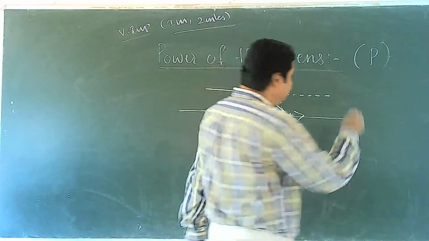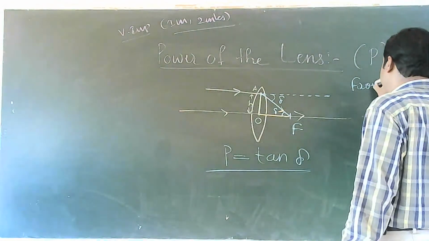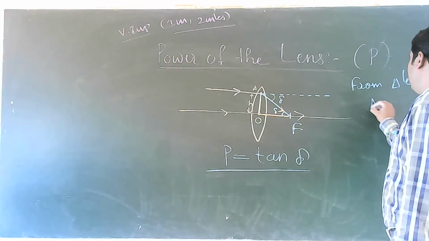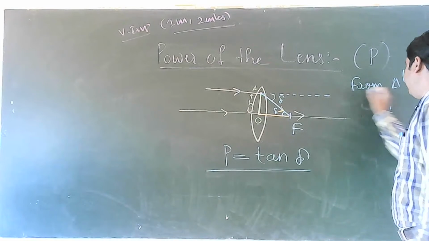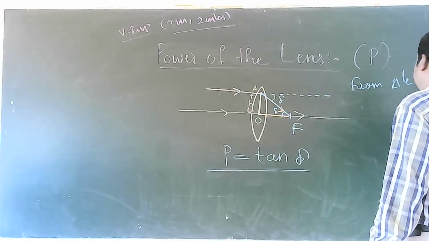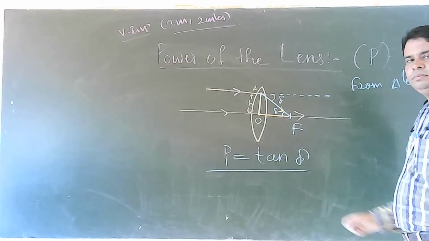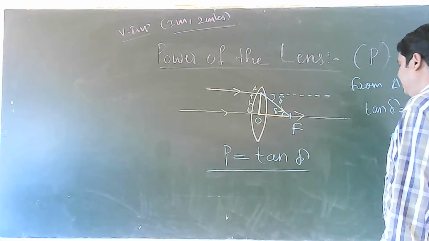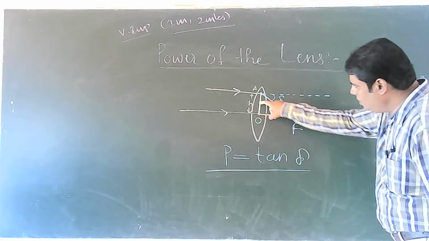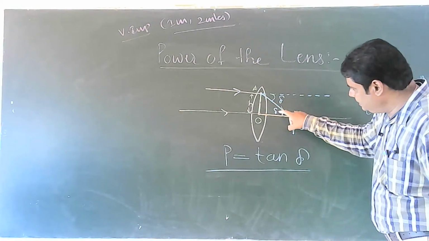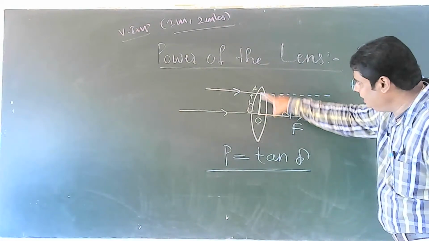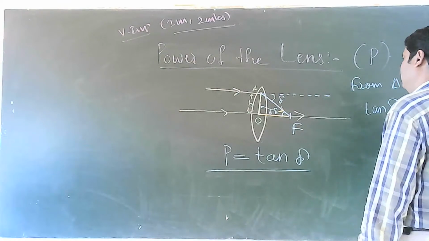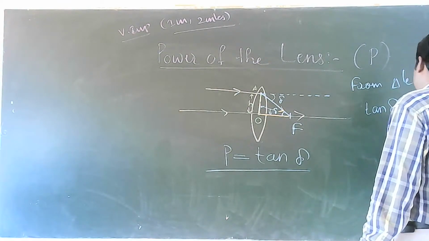If this is delta, this will be delta. From triangle AOF, which is a right angle triangle, I can write tan delta is equal to opposite by adjacent, that is AO by OF.